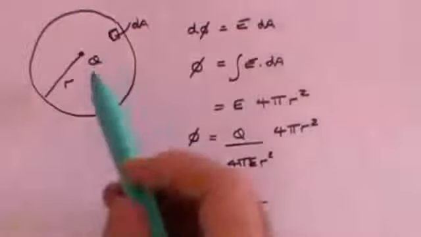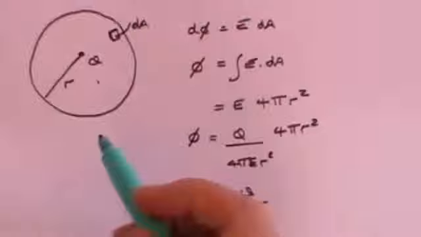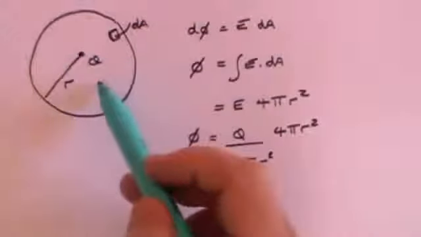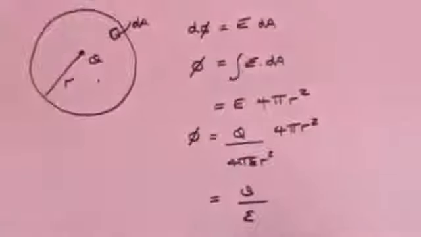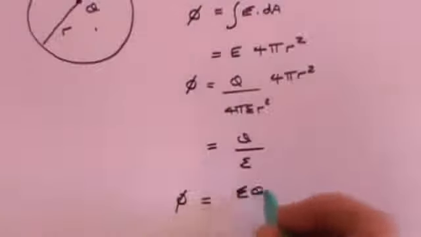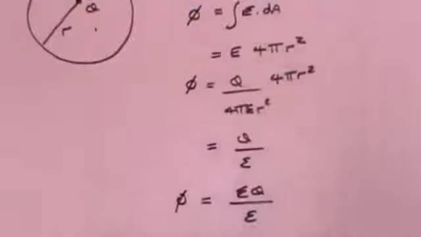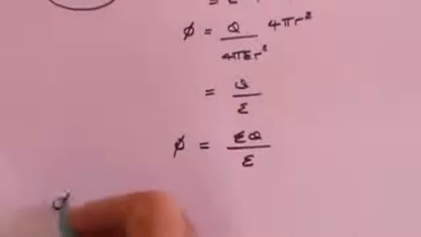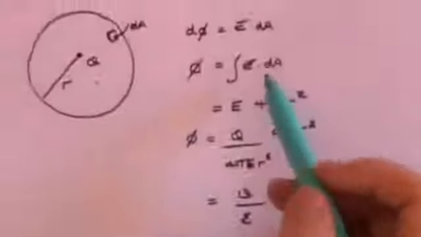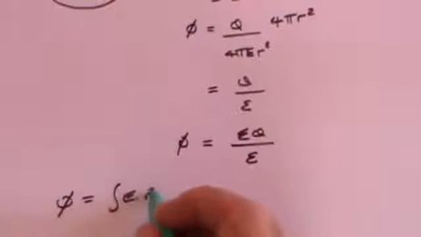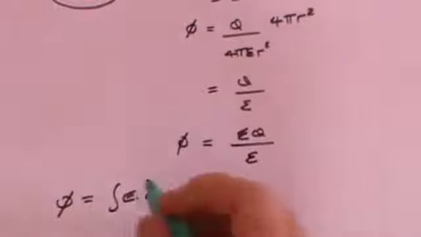If there were another charge in this sphere, then the total flux would be the flux due to this charge plus the flux due to that charge. And that means that where you've got more than one charge, the total flux will equal sigma q, the total charge, divided by epsilon. And so we can say that phi is equal to the integral of E dot dA over the entire surface of the sphere, and we show that by putting a little ring there.